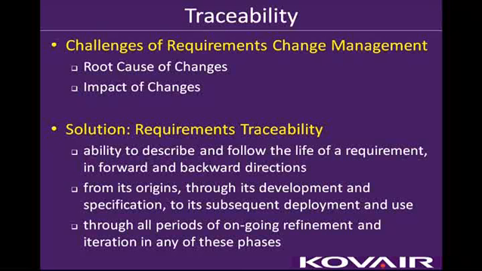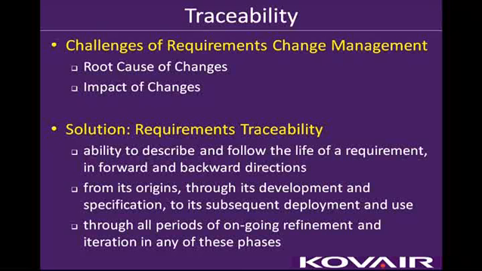So if you think about the very first inception of the requirement, to the design, to coding, to testing, to build, to deployment, all of these different phases are related to the same requirement as it goes through that life cycle.